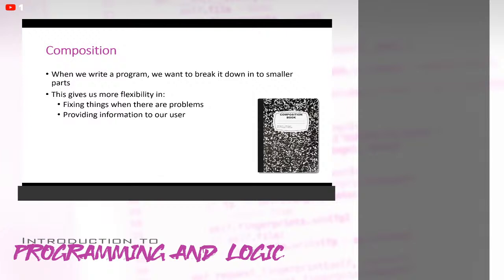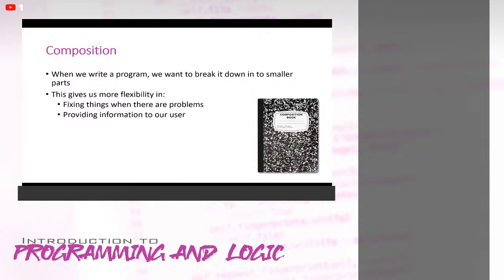When I say fixing things when there are problems, if we break things down into their smallest parts, work with the smaller parts, and test along the way to make sure things are working, then if we add a small part and something doesn't work, we only have to worry about the stuff we added since the last test, because the last test would be a functioning test.